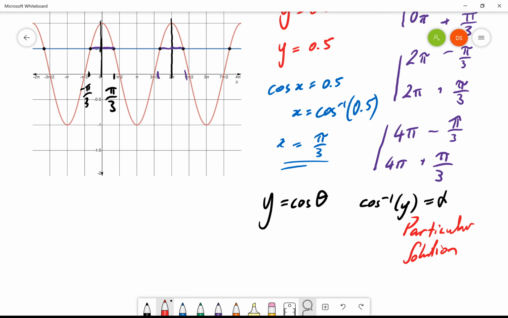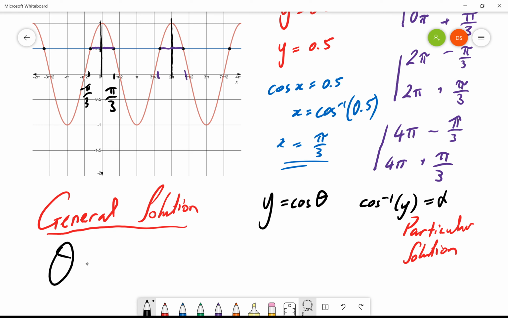Okay, and this time our general solution is really nice. Theta is equal to 2n pi, so an even number times pi, and it's plus or minus whatever that alpha is.